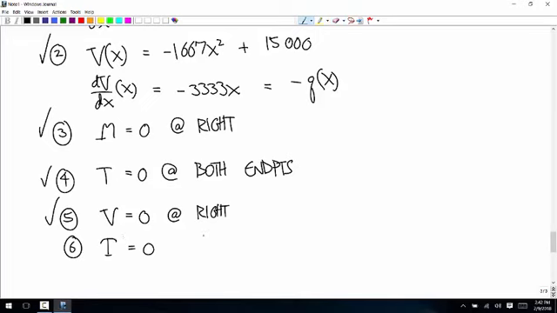So torque now should be equal to 0 at both endpoints. And we didn't have any torque in any of the problems, so that one works.